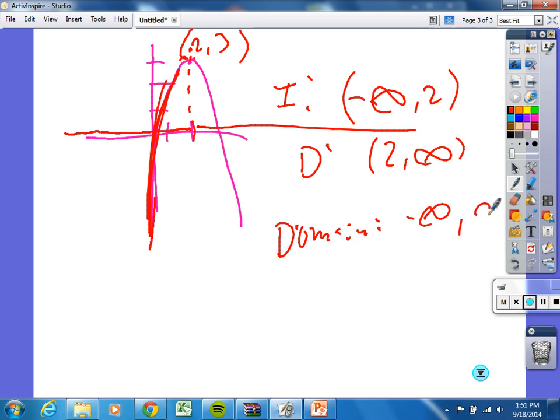No. Make sense on that? Okay, range. Remember what range meant? It's the possible y values. What y values am I using? Well, I go from negative infinity up to, stop here, 3, right? Did I use 3? Is 3 part of my graph?